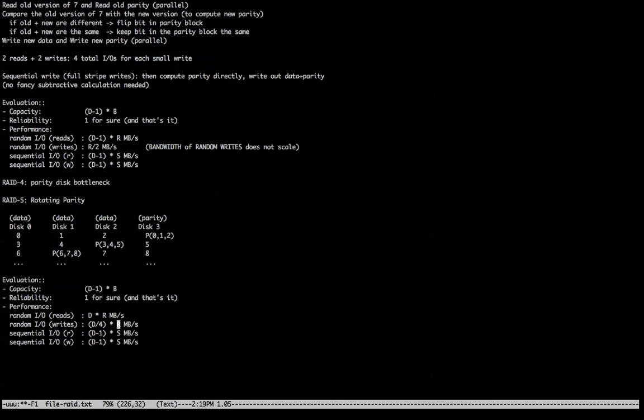Before, with RAID 4, we were bottlenecked on the parity disk. Here, we get some parallelism out of the system. And the reason we divide by 4 is because, again, each logical I/O is doing 4 physical I/Os. There's no magic. When you have a lot of I/Os going on, you have to pay for each of them.